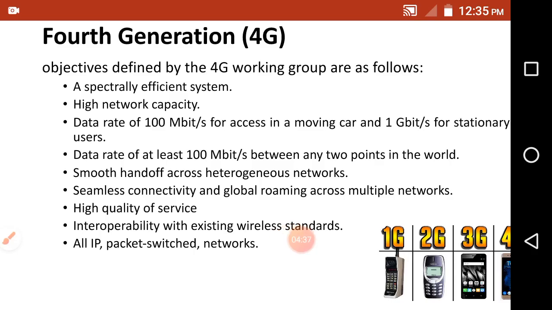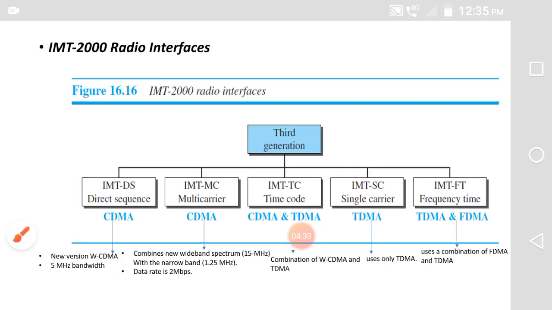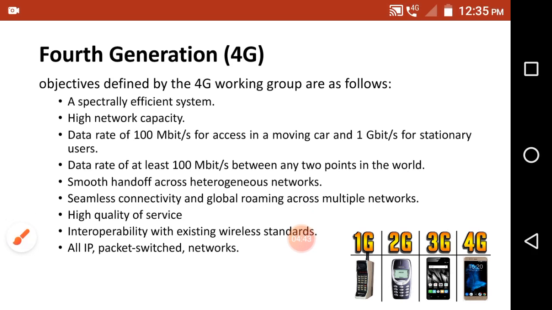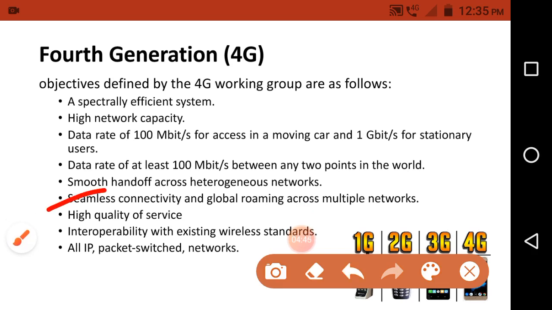The next point is seamless connectivity and global roaming across multiple networks. This is the next objective of the 4G technology. The mobile station can move to any network where there is coverage.